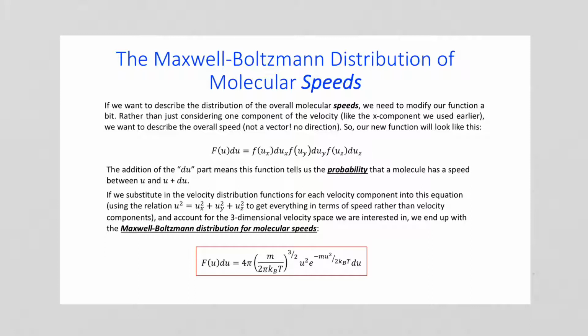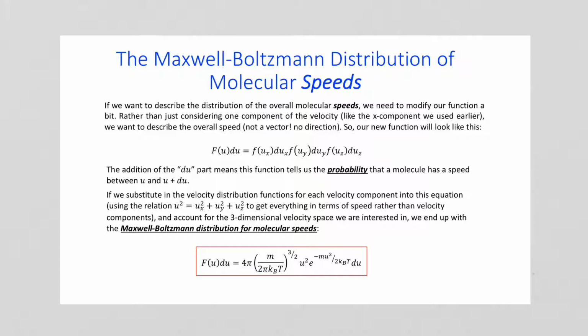Okay, so rather than just considering one component of our velocity like last time where we took the x component and focused on that, here we want the overall speed, or we want to describe the overall speed. So this is again not going to be a vector. It's not going to specify a direction for us, right?